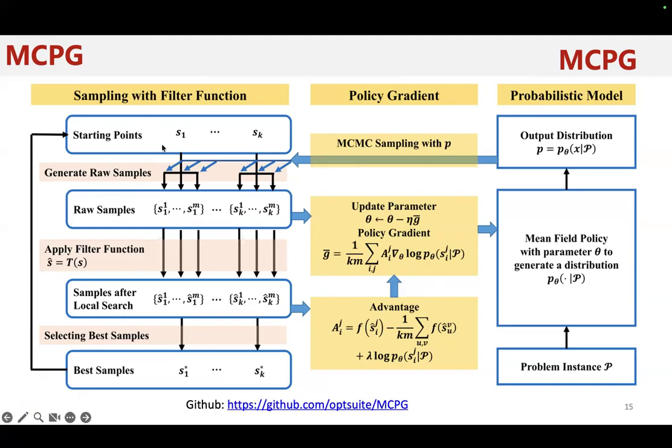My answer is that this part itself can be an independent algorithm module. That means after the learning process, you obtain an initial solution. You can refine the solution with this sampling process. Suppose we have obtained a very good initial solution, what we do is just take a sufficient number of samples.